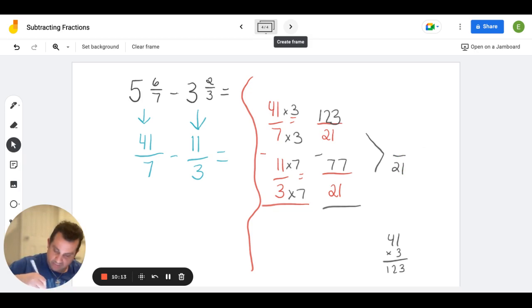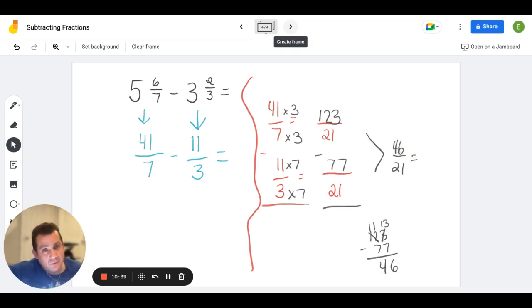Now let me just subtract. I'll get rid of this. Let me subtract 123 minus 77. 12 becomes 11, 3 becomes 13, 6 and 4. 46, right? Yep, 46. So it's going to be 46 over 21.